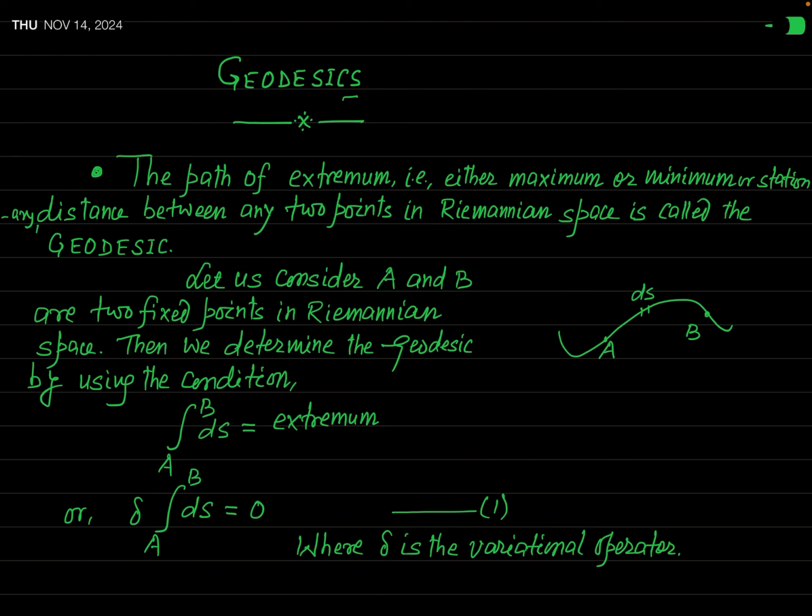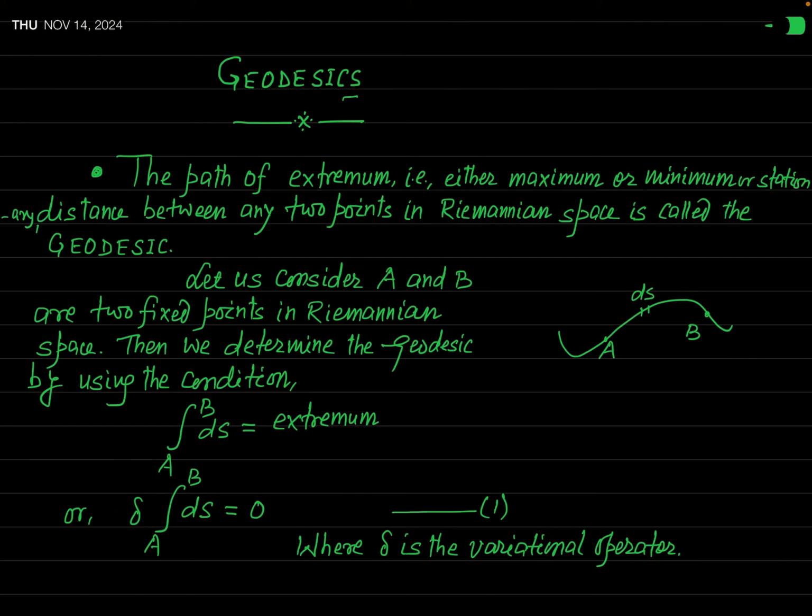Now when you talk about the Riemannian space in general relativity or in tensor analysis, you have to generalize this idea, that the shortest path between two fixed points in Euclidean space is a straight line. When this idea is generalized in case of Riemannian space, that very path is called a geodesic.